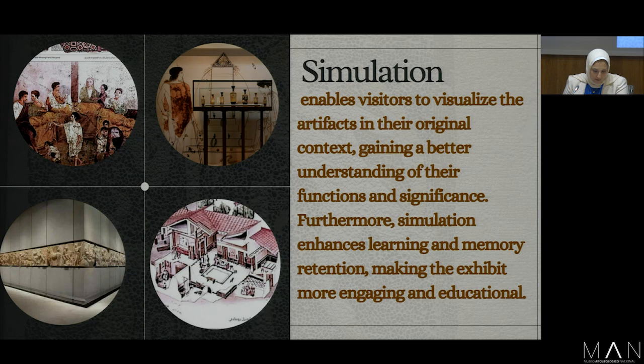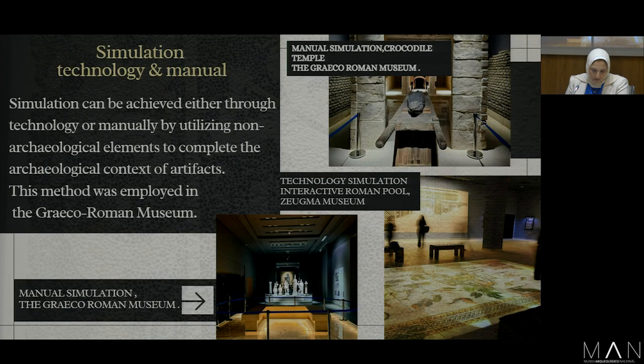Furthermore, simulation enhances learning and memory retention, making the exhibit more engaging and educational. Simulation can be achieved either through technology or manually, by utilizing non-archaeological elements to complete the archaeological context of artifacts. This method was employed in the Graeco-Roman Museum.